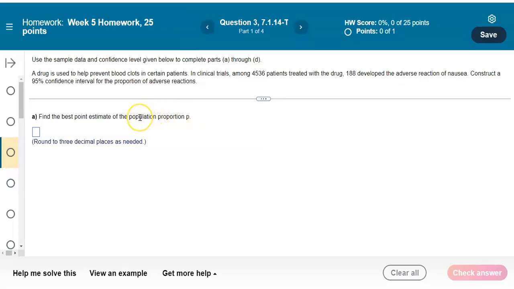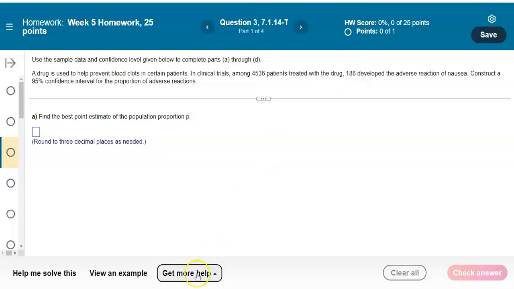So here, since we're looking for a population proportion, the point estimate will be the proportion that we got from the sample. In this sample, there was a total of 4,536 patients, and of them, 188 developed nausea. So the proportion is going to be 188 out of 4,536.